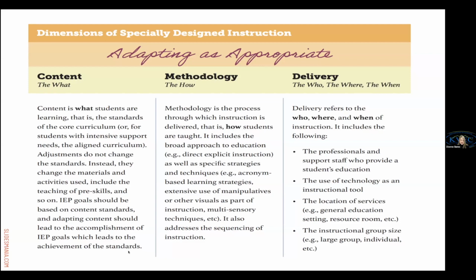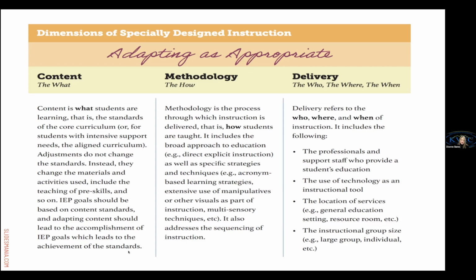So for any other time, we don't really adapt the content, because what we're supposed to teach is the Kentucky Academic Standards. So that's the thing we have to just remember. We don't generally adapt the content, because we have to think about what materials we use, the way we teach students, how we assess where kids are at.